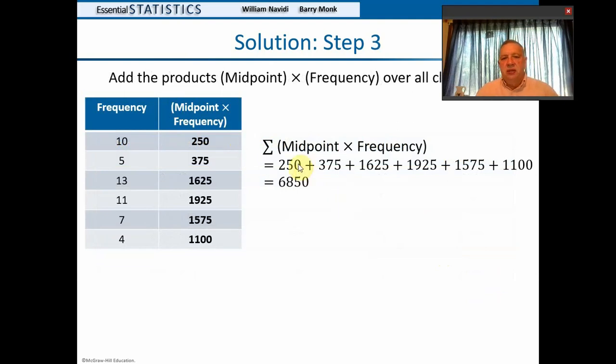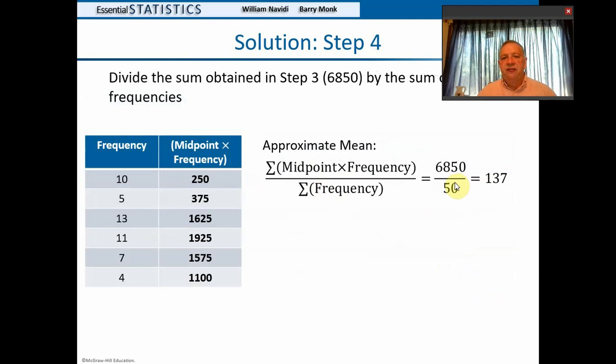So here's the midpoint times the frequency. Here's the ones that I'm adding up. Dividing 6850 by the 50, that'll give me 137 as the mean. And we will probably do this in lab using Excel. It's pretty quick.